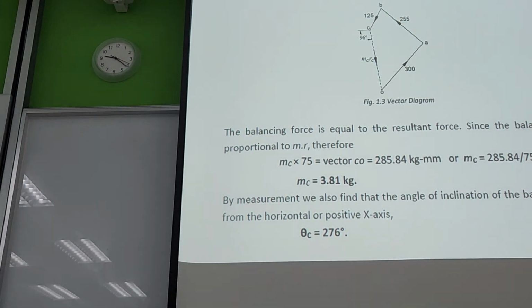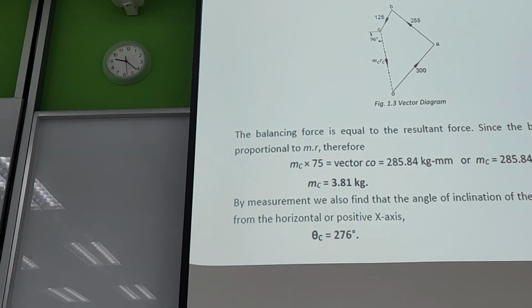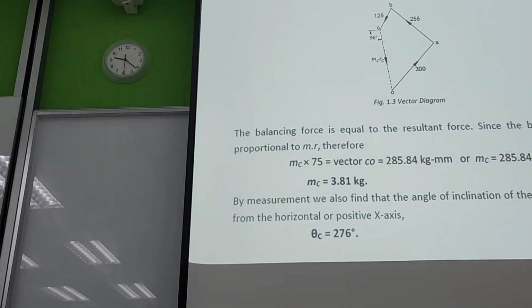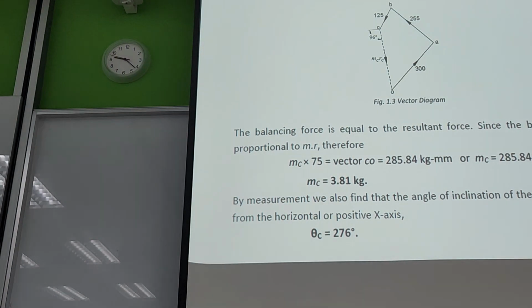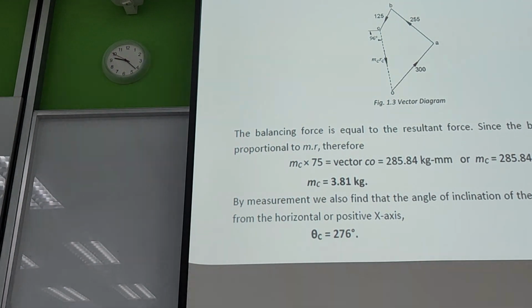Then you can measure the direction of that, the orientation of that. So you can see how to measure it. So now imagine a local coordinate axis here. Measure this angle. So that will be about 87. Is that okay?